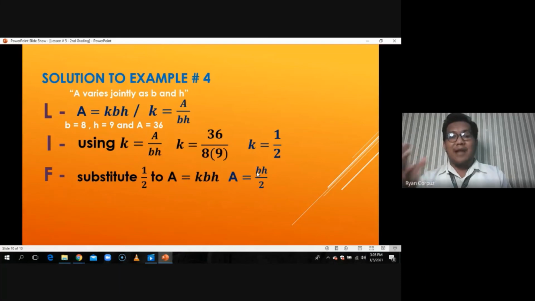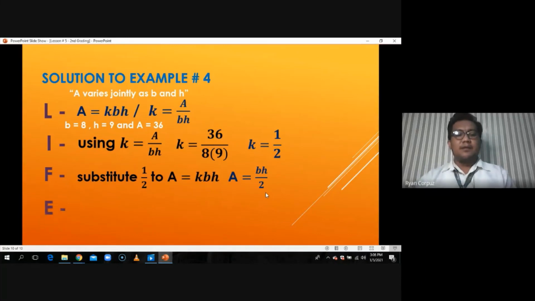Or kapag wala ka nakitang numerical coefficient in a given variable, ibig sabihin ang numerical coefficient niya ay 1. And still 2 is on the denominator part. So that's why yung 2 mo is also on the denominator part. So we come up with the equation of variation as A is equal to BH over 2.